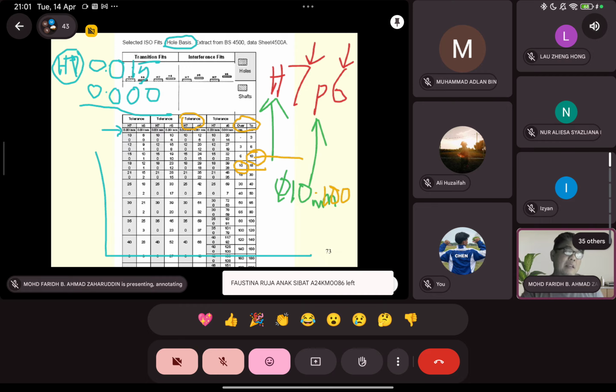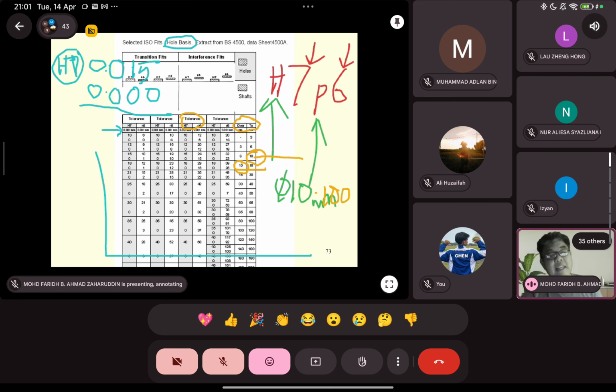If you still remember the definition of hole basis system, go back to a few slides back. Then you will see that definition is telling us that when you use the hole basis system, the value of the nominal size and basic size, dia punya size tu, is the exact size. Understand?